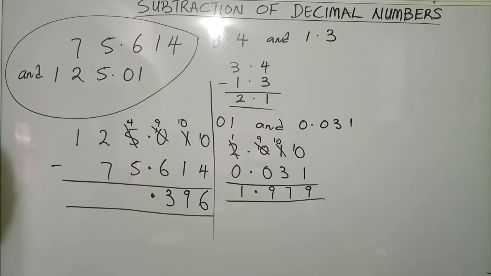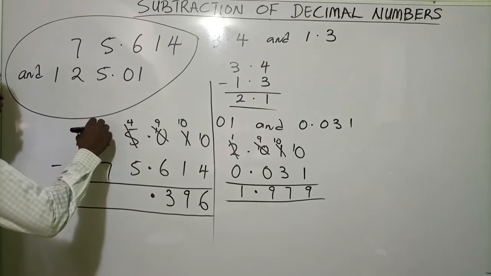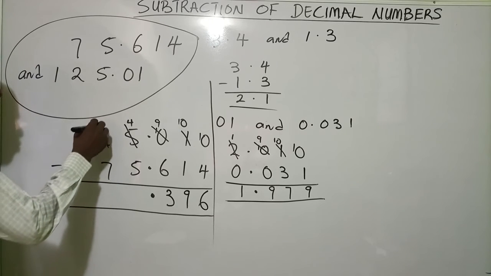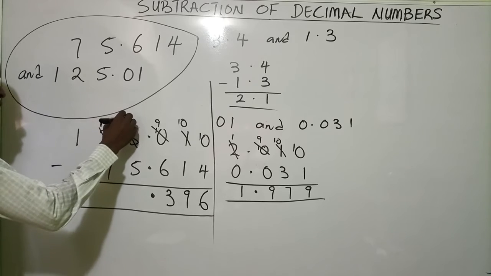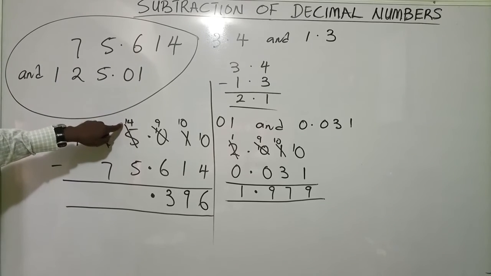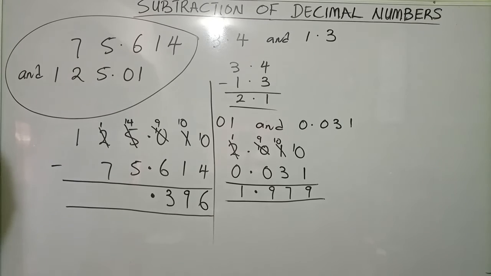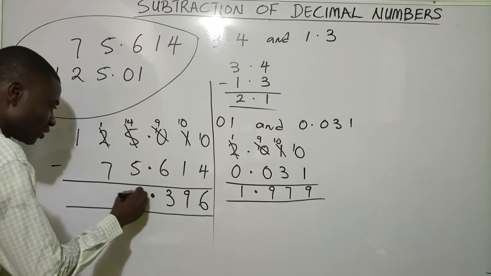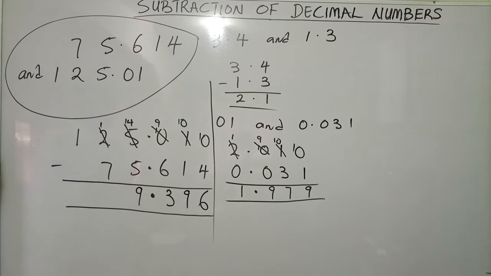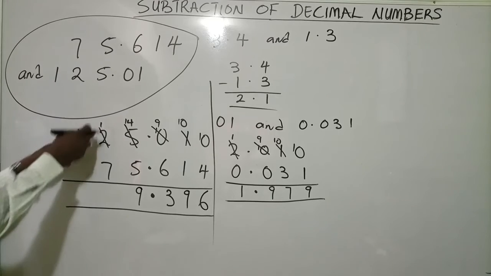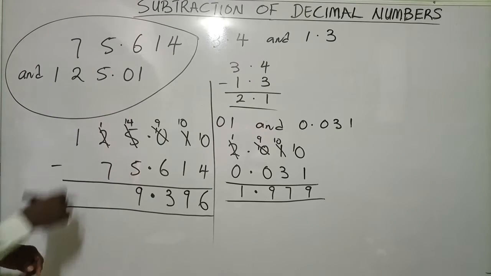4 minus 5. Is it possible? No. So we'll come down here to borrow. So we'll borrow 1 from the 2, remaining 1. So we'll drop the 1 here. It becomes 14. So 14 minus 5, this will give us what? 9. 14 minus 5 is 9. So we come down to this part. 1 minus 7 is not possible.